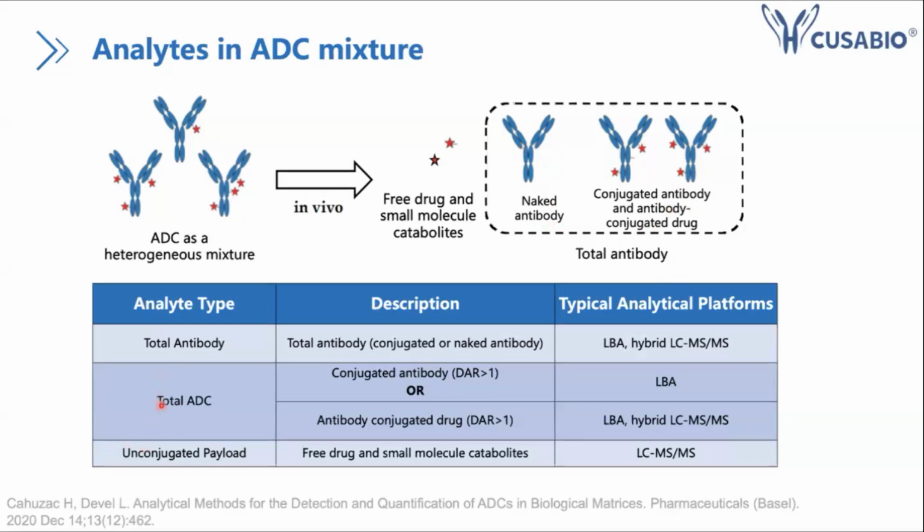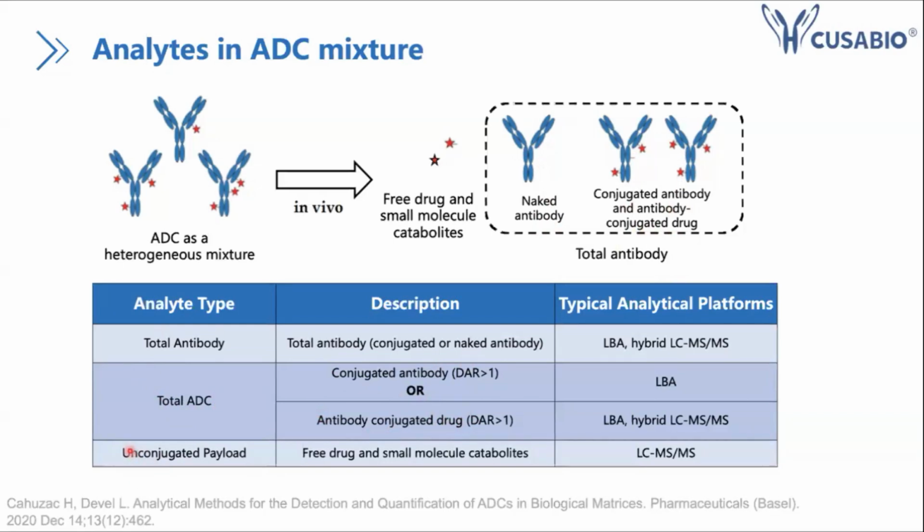And the second analyte is the total ADC. Total ADC is this part. As long as one payload is conjugated to the antibody, we will analyze it. So it means that no matter the conjugated antibody or antibody conjugated drug, we will group them together as the total ADC type.